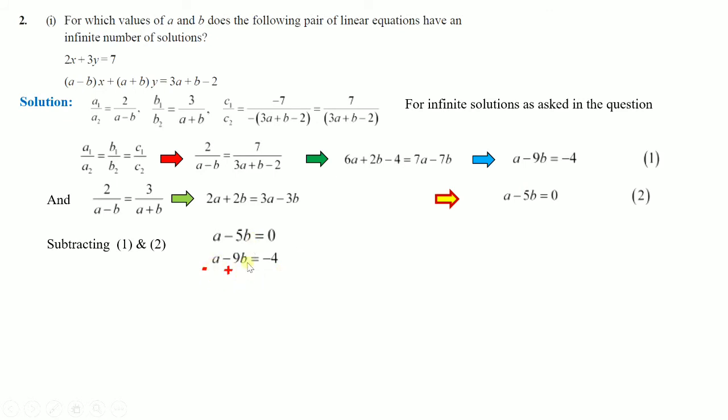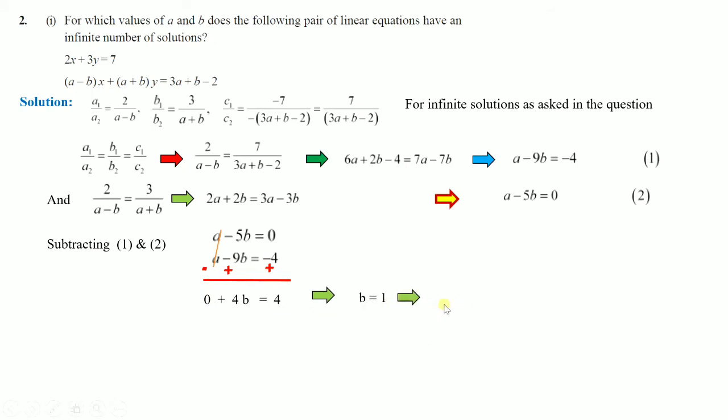We are applying the elimination method over here, and this minus becomes plus. So this a and this a cancel. So 9b minus 5b, 4b is equal to plus 4. Then this 4 and this 4 cancel, so b is equal to plus 1.